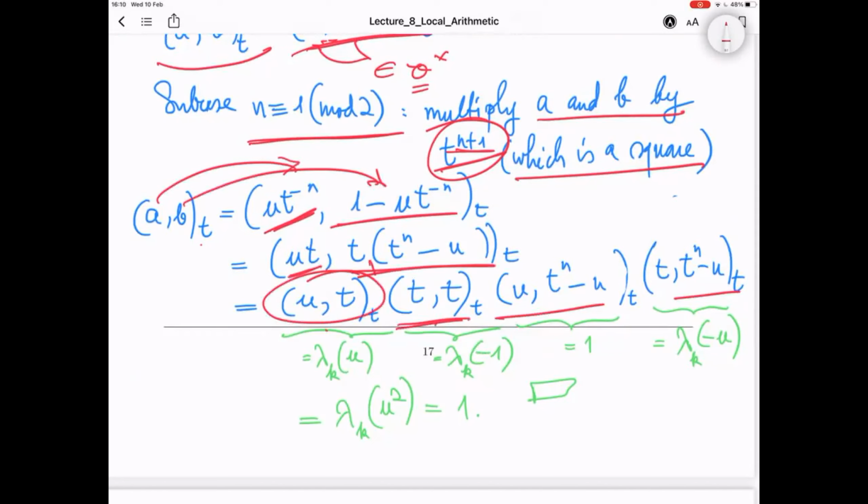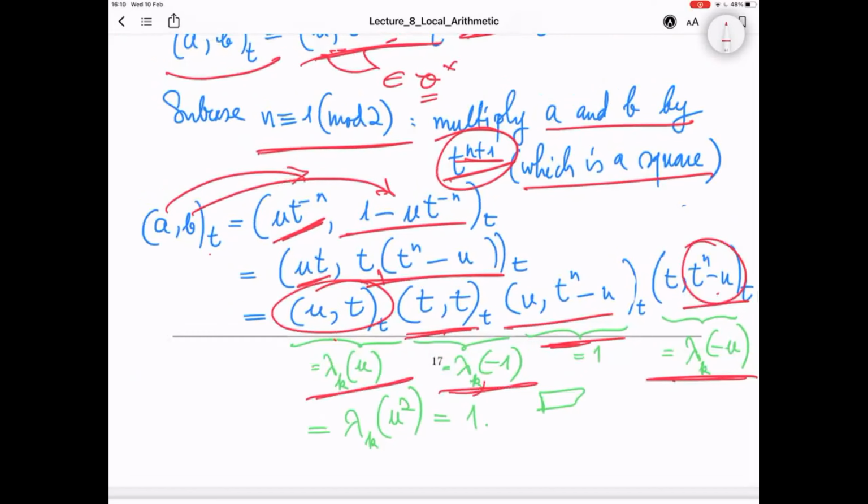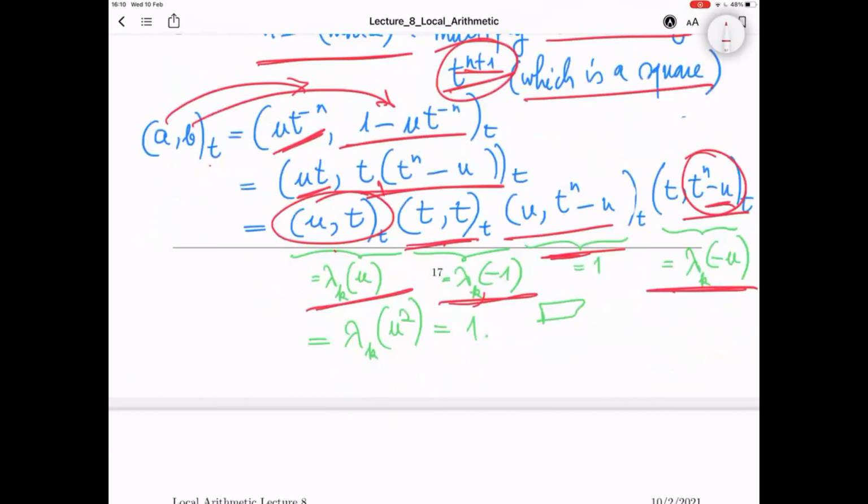And now you apply the definitions. This is lambda_k of u, this is lambda_k of minus 1, this is always equal to u because both of them are units, and this is lambda_k of minus u because the reduction of this modulo T is minus u. So what you get is lambda_k of u times lambda_k of minus 1 times lambda_k of minus u.